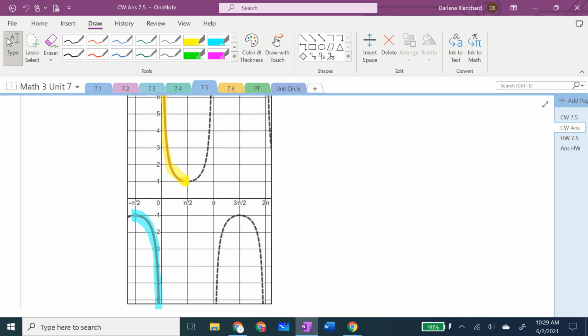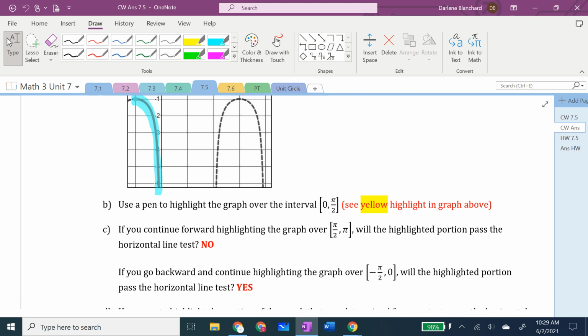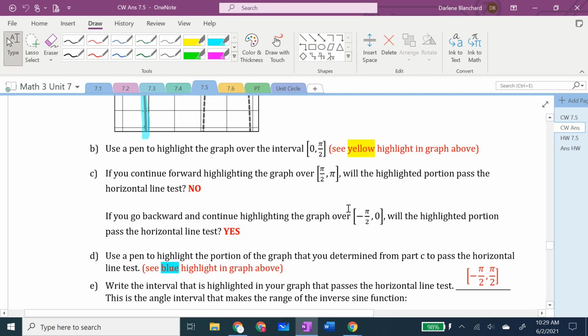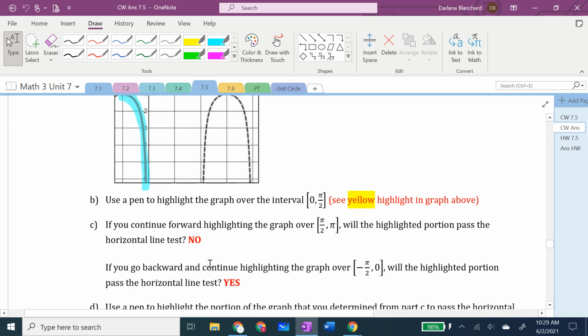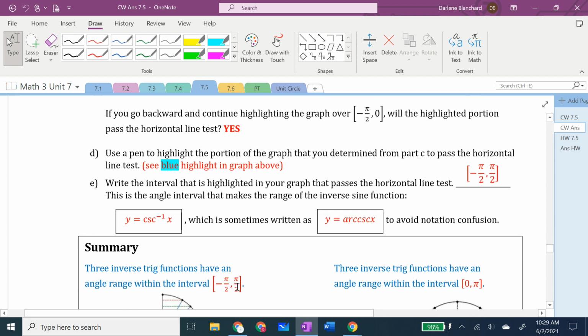And it's a bit annoying to have to do that. So if I go forward, I will not pass the horizontal line test, but if I go from -pi over 2 to 0 with the 0 to pi over 2, I do pass the horizontal line test.